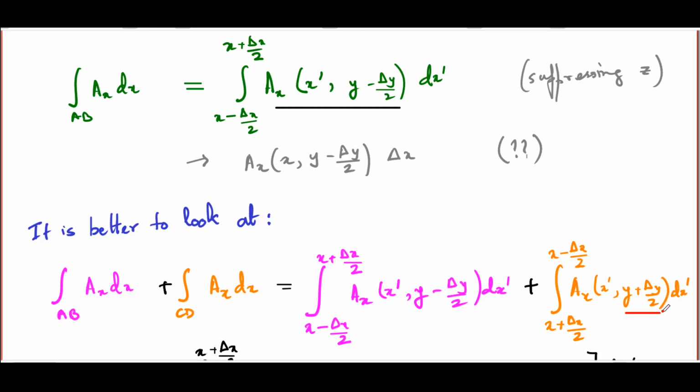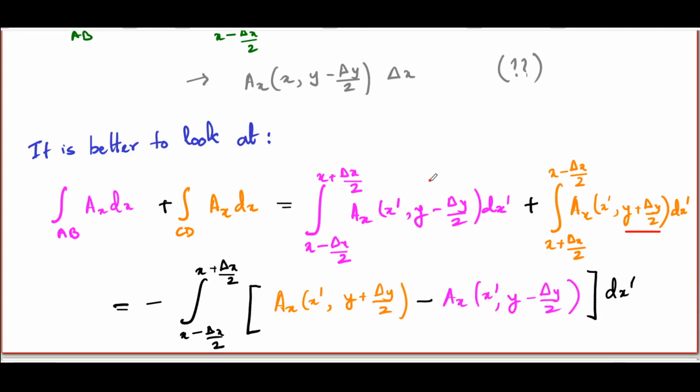And another also major difference, which I should have also mentioned, is that the limits now go from x plus delta x by 2 to x minus delta x by 2. After all, on CD, the point is moving to the left, that is, towards decreasing values of x. Now, you can easily switch these two limits at the expense of a minus sign and combine the two integrals together.